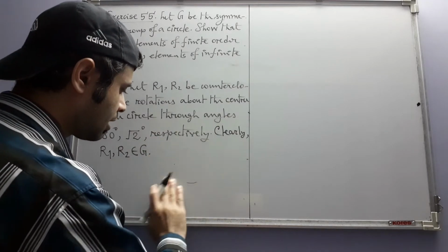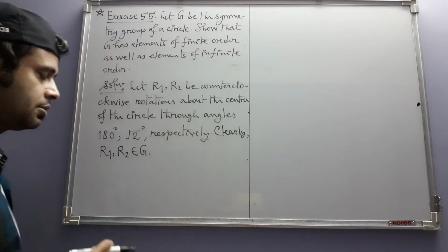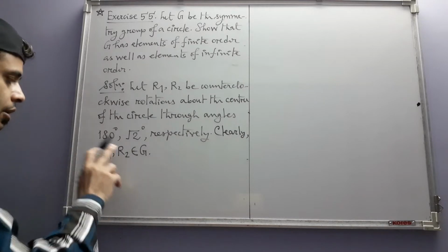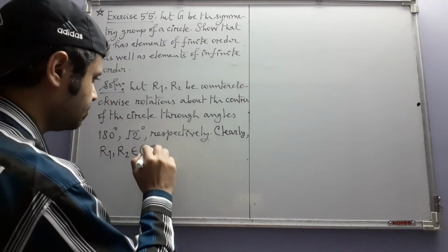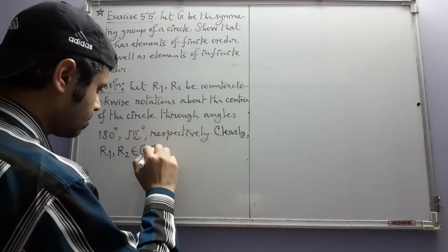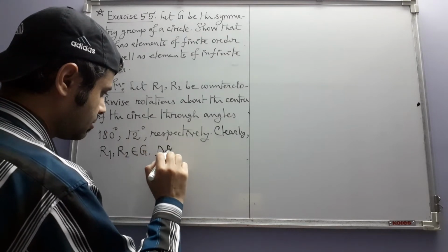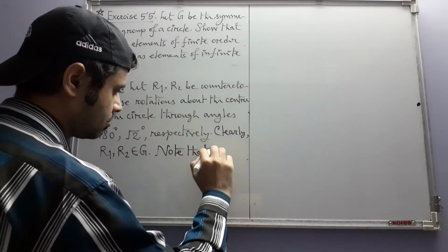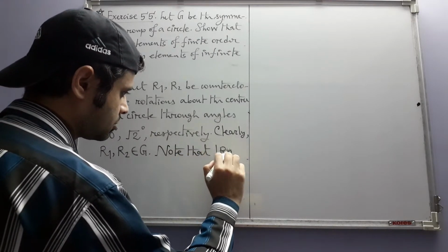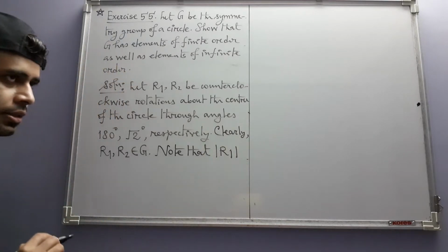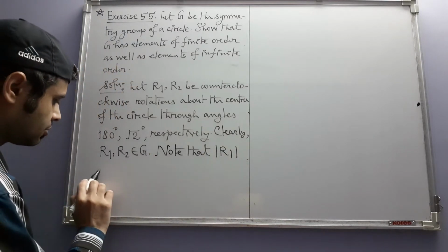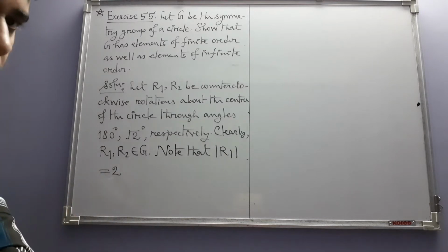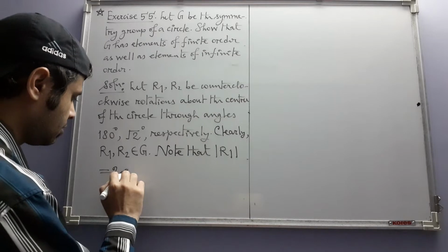So performing R1 twice is the same as doing nothing. So R1 square is identity. Since R1 itself is not identity but R1 square is identity, the order of R1 is 2. So R1 is an element in G of finite order.